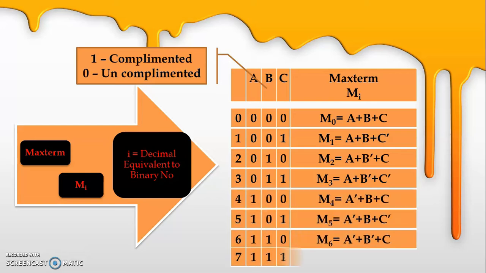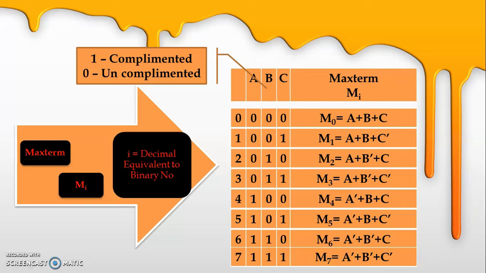In a similar way, the last condition is 1 1 1, decimal equivalent 7, so it is maxterm number M7. Now all 3 variables are at high level or 1, so in the sum term all the literals will be complemented: a bar plus b bar plus c bar.